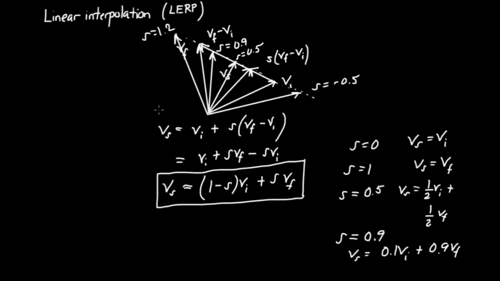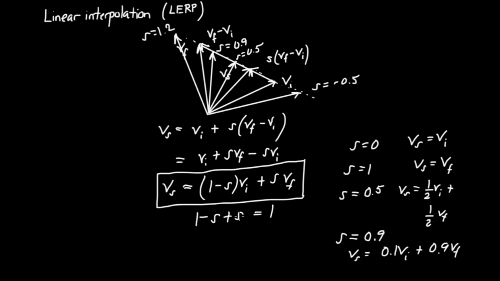The last thing I'll point out before we're done with the linear interpolation part of the video is the particular sort of linear combination of VI and VF we see showing up in this formula. Take a look at the two coefficients, the 1 minus S and S. Notice the sum of those two, 1 minus S plus S, is simply equal to 1.